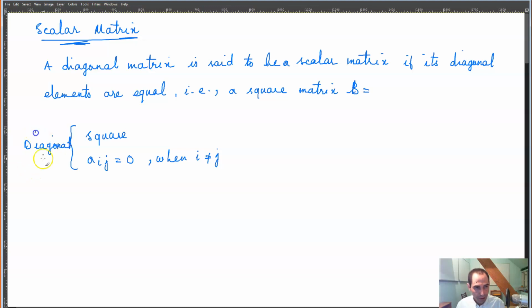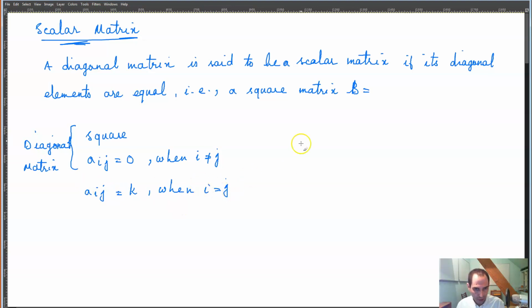That makes it a diagonal matrix, and moreover, all of the elements of the diagonal are supposed to be equal, meaning that A of ij is supposed to be equal to k whenever i is equal to j.